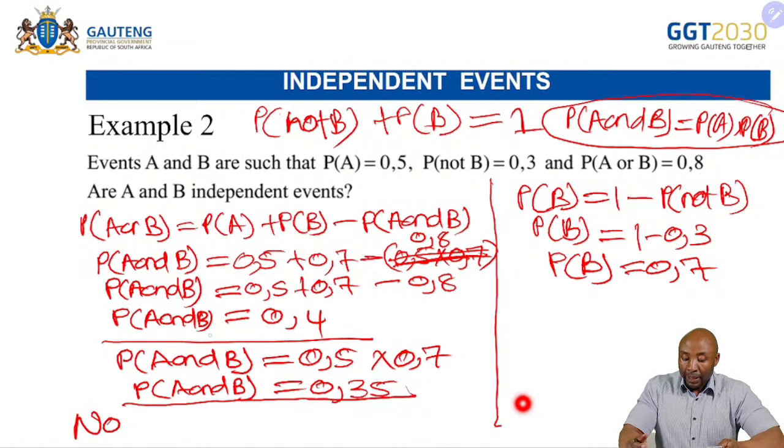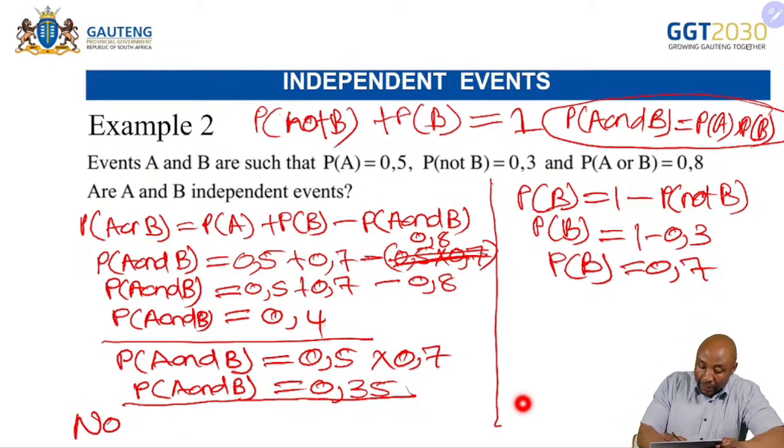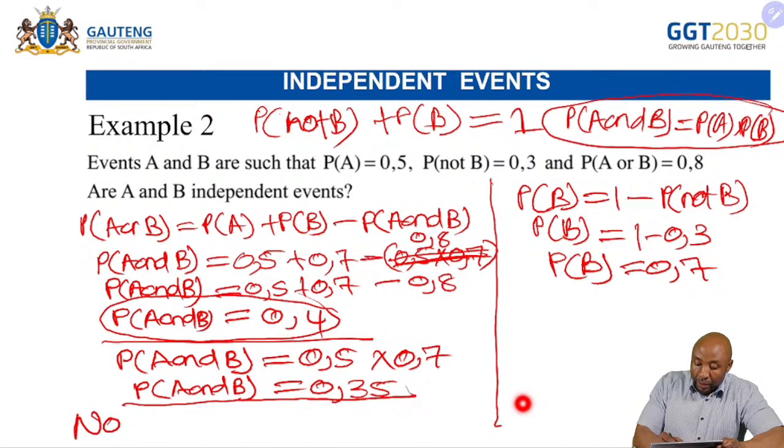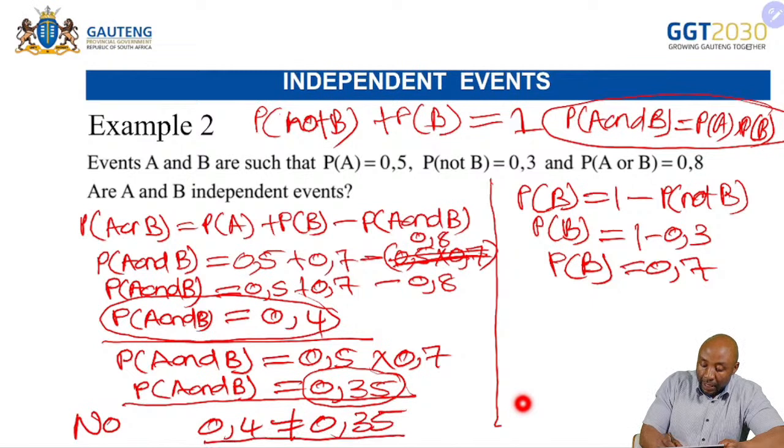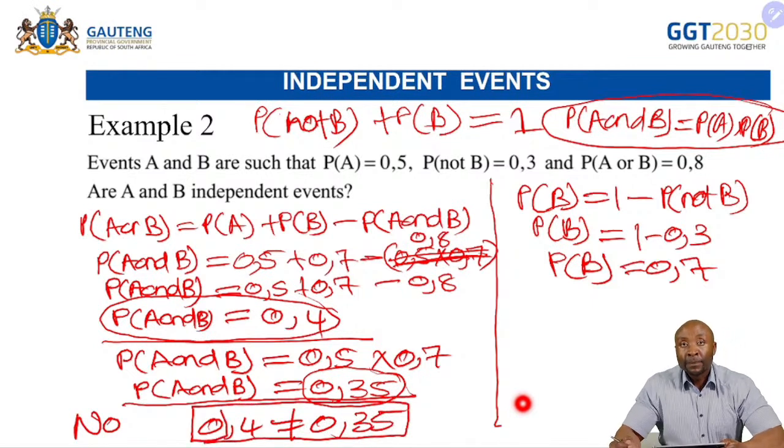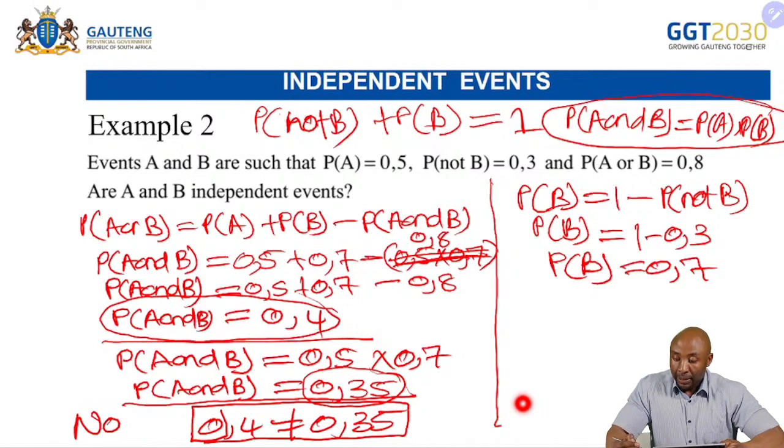The identity gives us a probability of A and B as 0.4, and when we do the product we get 0.35. So in essence, 0.4 is not equal to 0.35. Hence we are saying they are not independent events. Easy one. Let's move on.